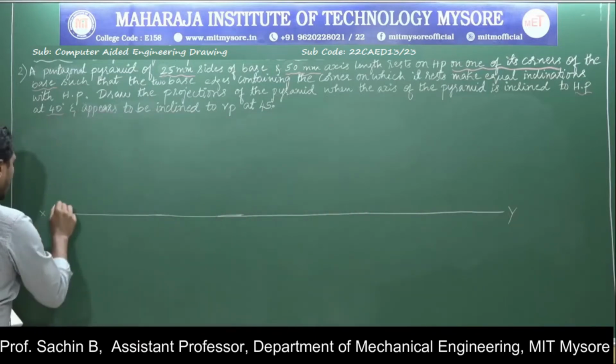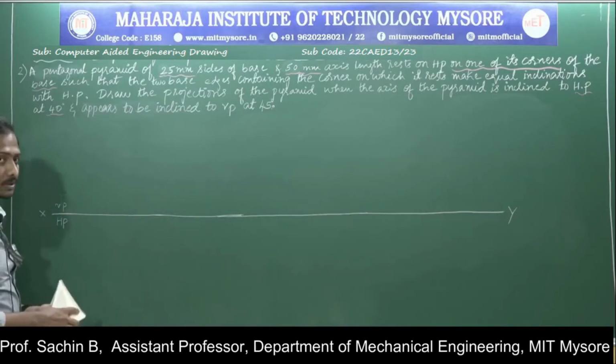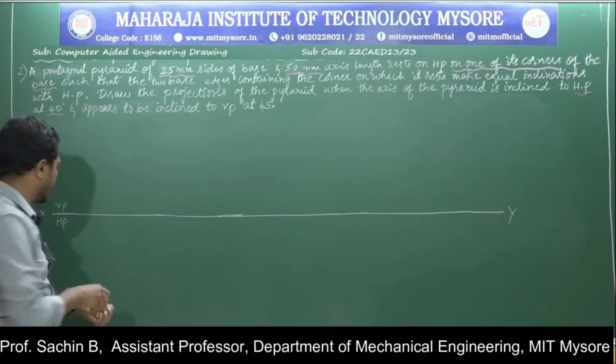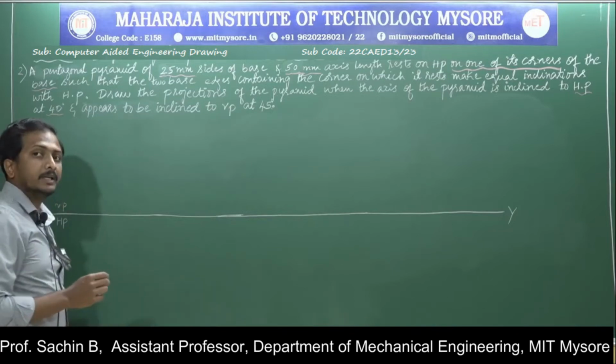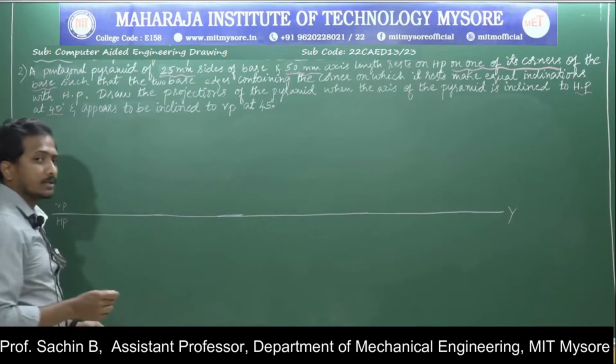After drawing the axis line, I will write the VP and HP. These are the common representations necessarily required for us. Next, I will go for drawing the pentagonal pyramid resting on one of its corners.